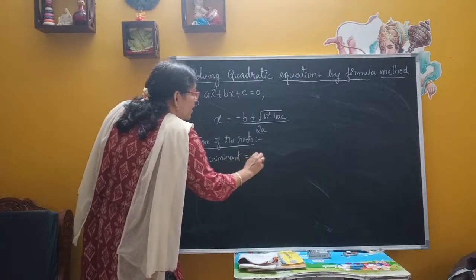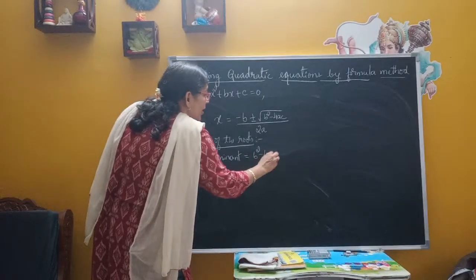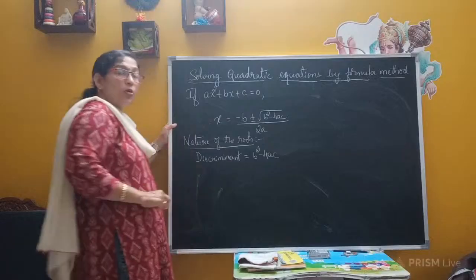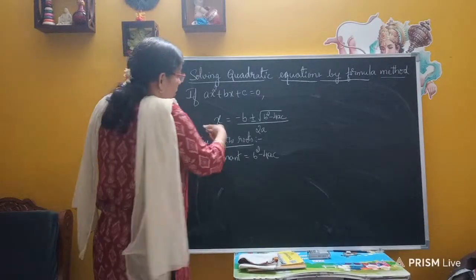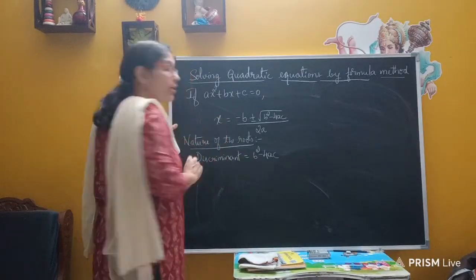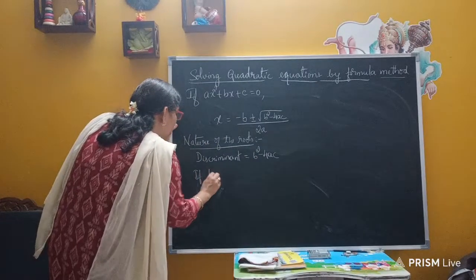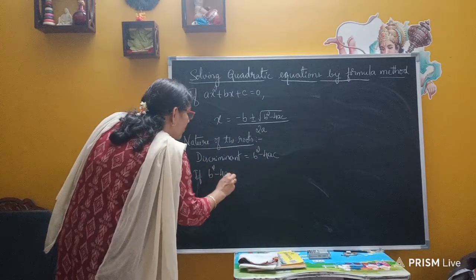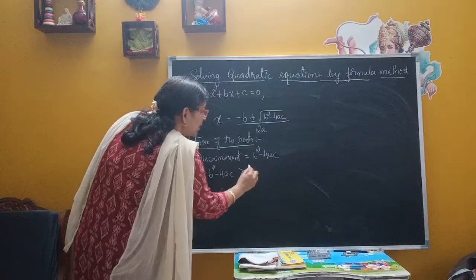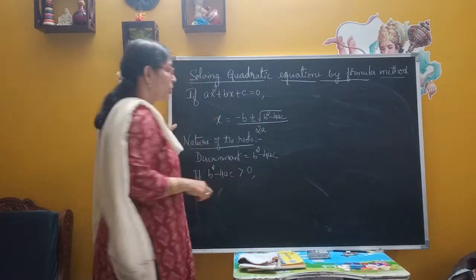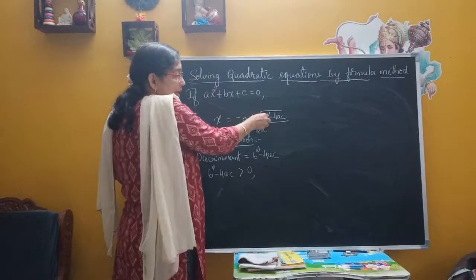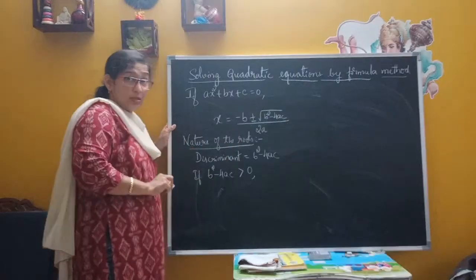That is b square minus 4ac. Then what are the conditions? If b square minus 4ac is greater than 0, we will get real roots, isn't it?